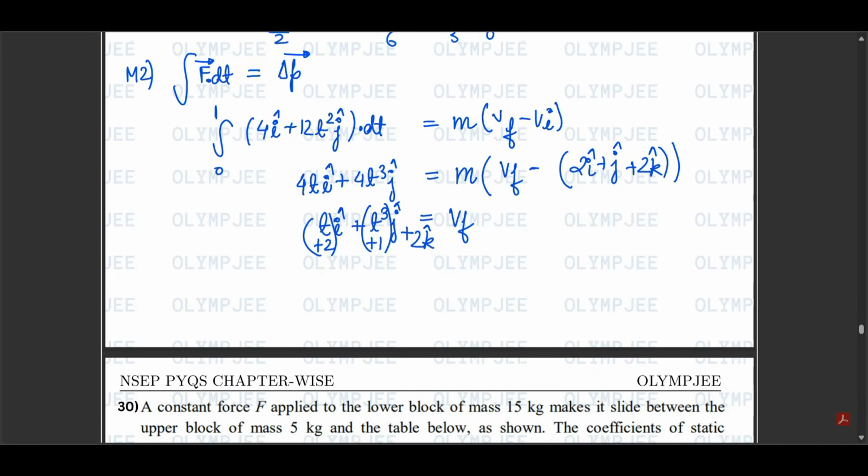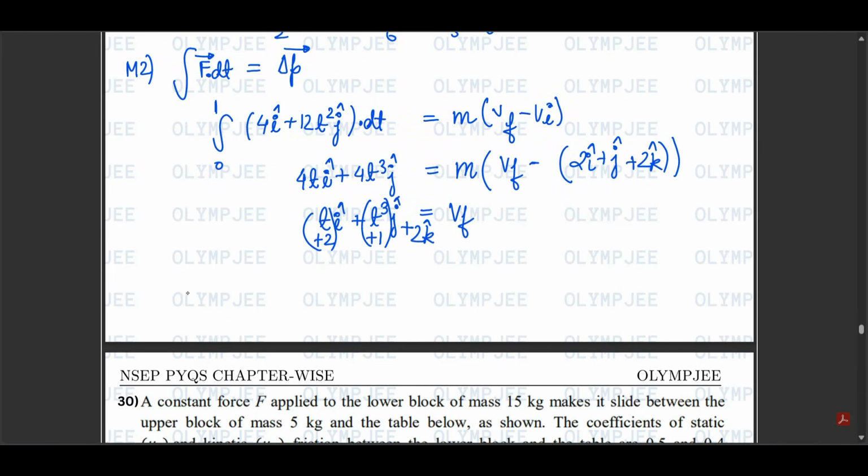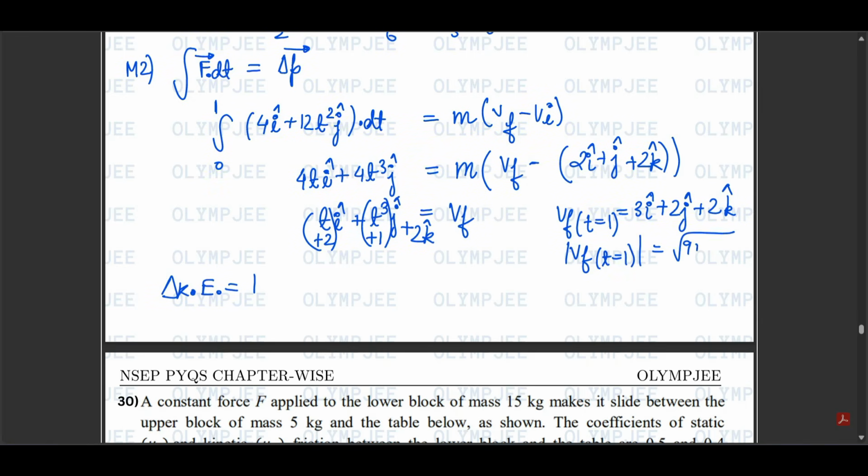But we could have applied this formula also, that the change in kinetic energy will be, since we have to find at 1 second, so v final at t is equal to 1 second would be 3 i cap plus 2j cap plus 2k cap, and the magnitude of v final at t equal to 1 would be root of 9 plus 4 plus 4, which is root 17.